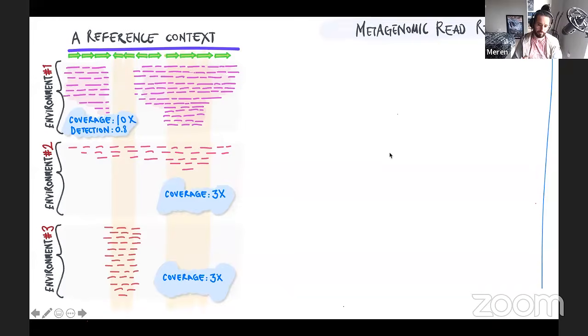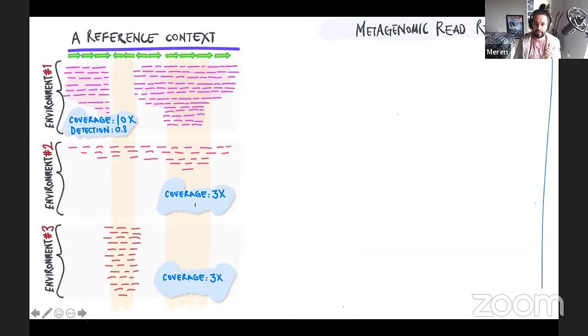So all these things I'm telling you are very important considerations when you're studying your environments through read recruitment. We have to be aware of alternative explanations of the ecological phenomena we observe through these statistics.